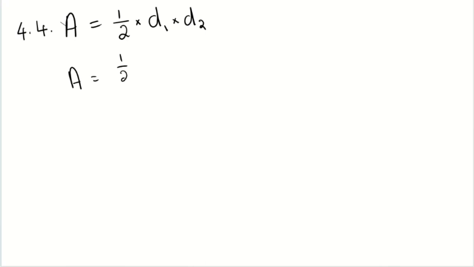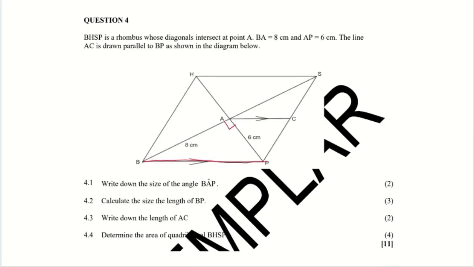Now, what is the length of diagonal 1? Okay, let's go back to our diagram. On our diagram, we have two diagonals, diagonal HP and diagonal BS. Now, do we know the sizes or the length of these two diagonals? Yes, we do. We're given that AB is equal to 8, right? And what do we know?